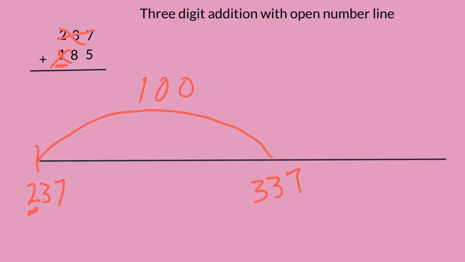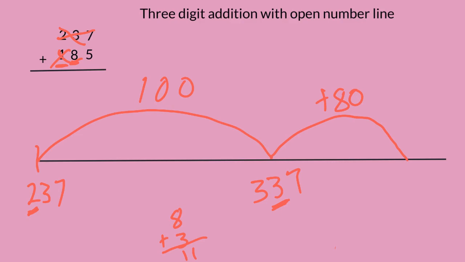Now we're going to be taking a jump of 80 because there's 8 tens. A jump of 80 changes our tens place by 8 more. Off to the side here we can see 8 tens plus 3 tens equals 11 tens.